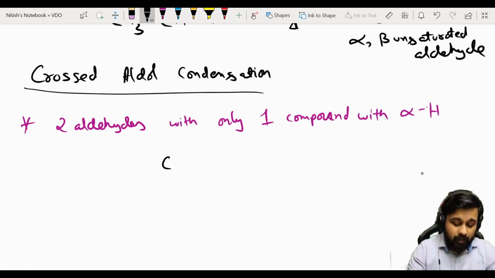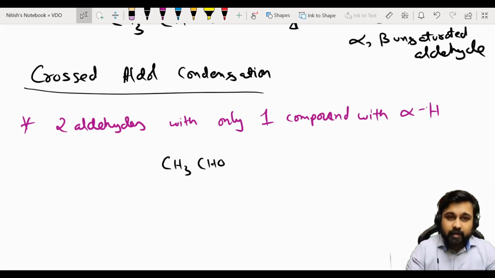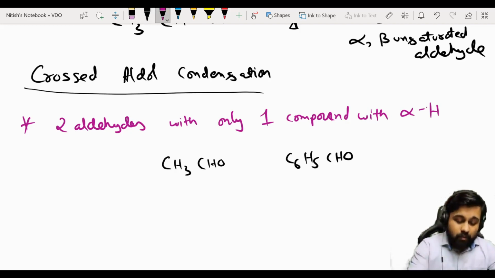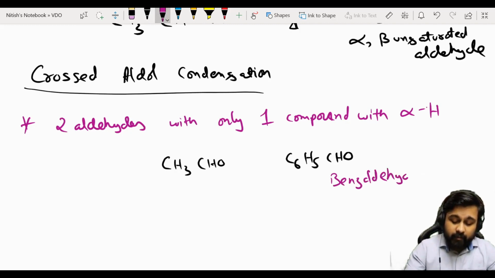For example, a mixture of CH3CHO, that is acetaldehyde, and C6H5CHO, that is benzaldehyde. So here, if you remember the structure, benzaldehyde has a structure like this.